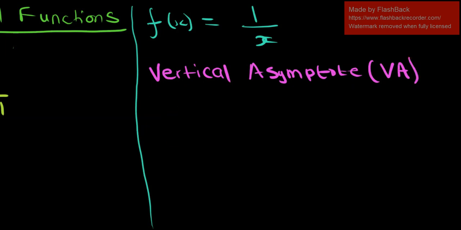We also need to know where the horizontal asymptote is located. What else do we need to know? We need to know the x-intercept. Just call it XI.